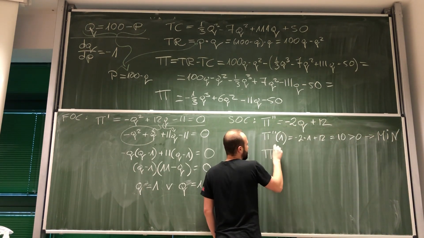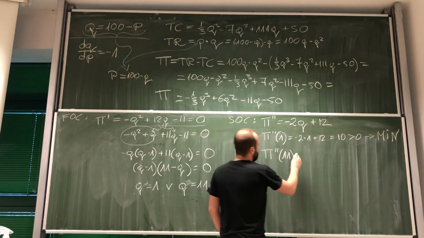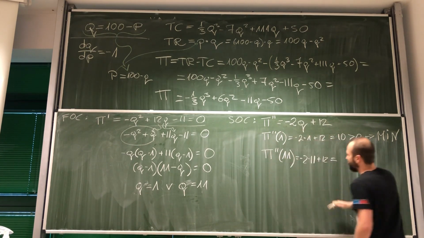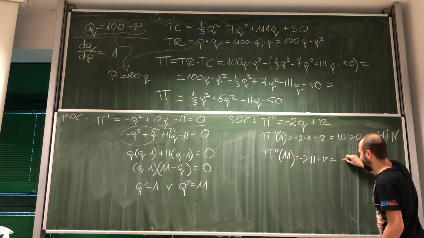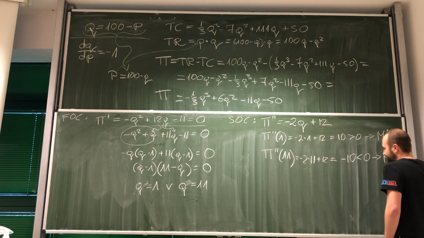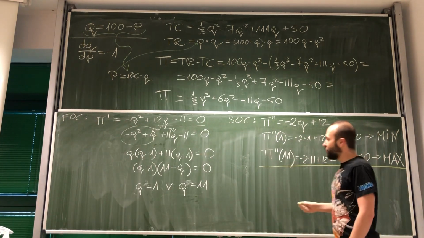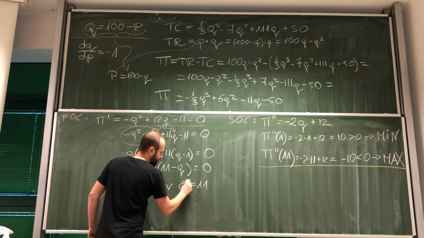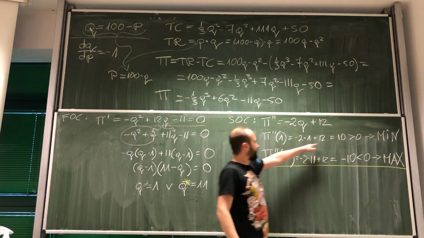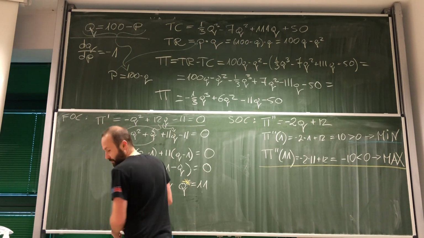Now I'm going to substitute 11, so our second solution, and I'm going to get minus 2 times 11 plus 12, which is equal to negative 10. So it means that this is our maximum. So when the level of production is equal to 11, we have a maximum. And because here we have a minimum, we should disregard this option.